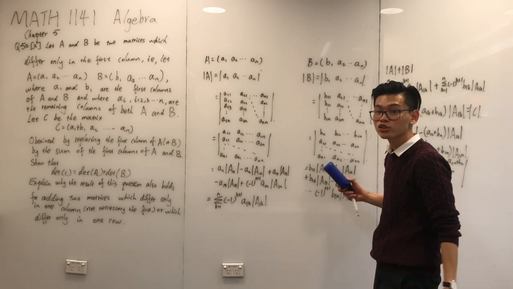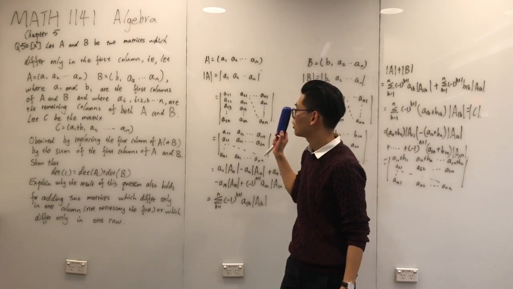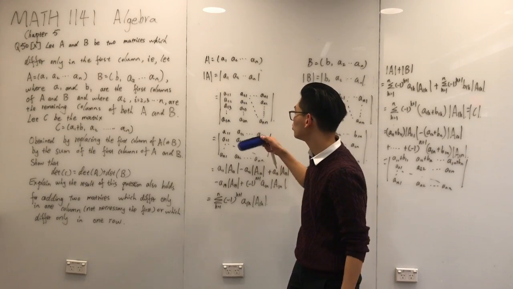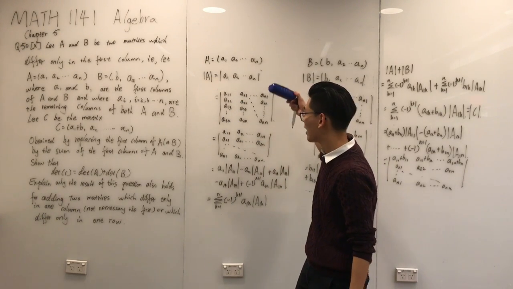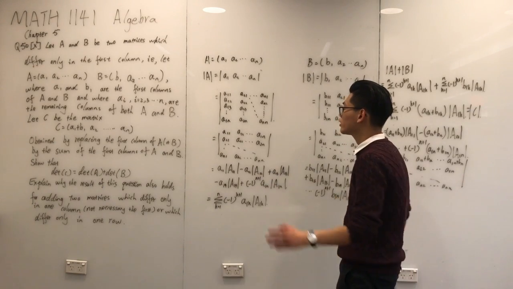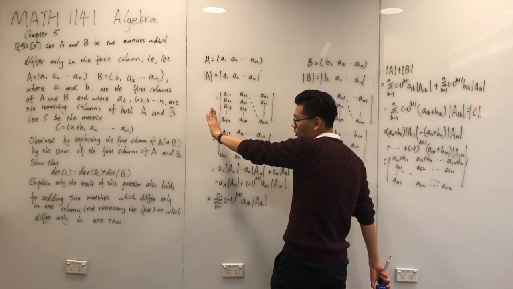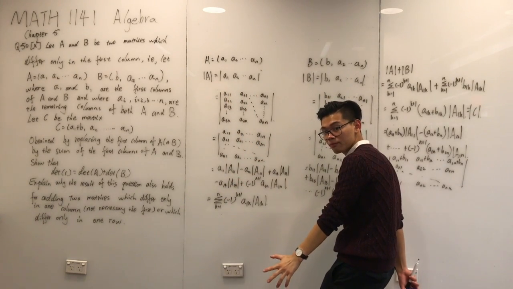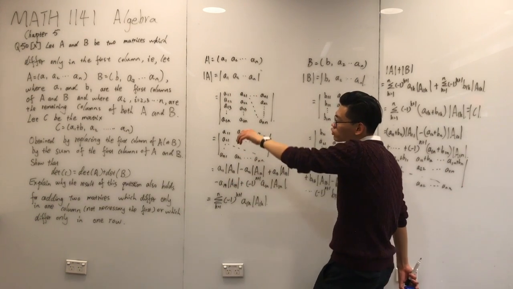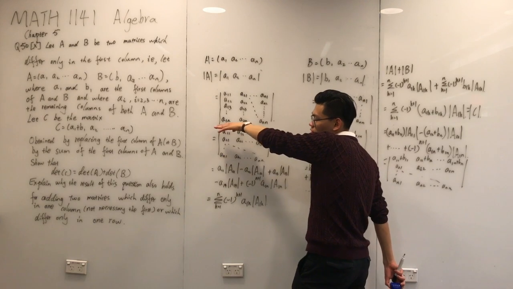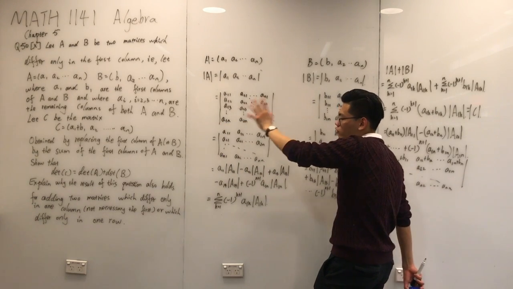Because remember, from the lecture notes, we can move a column anywhere we like, or move a row anywhere we like. So if they choose a different column, we can move that column to the first column and do the same procedure here. If we choose a row, we can move the row to the first row and do the same procedure.